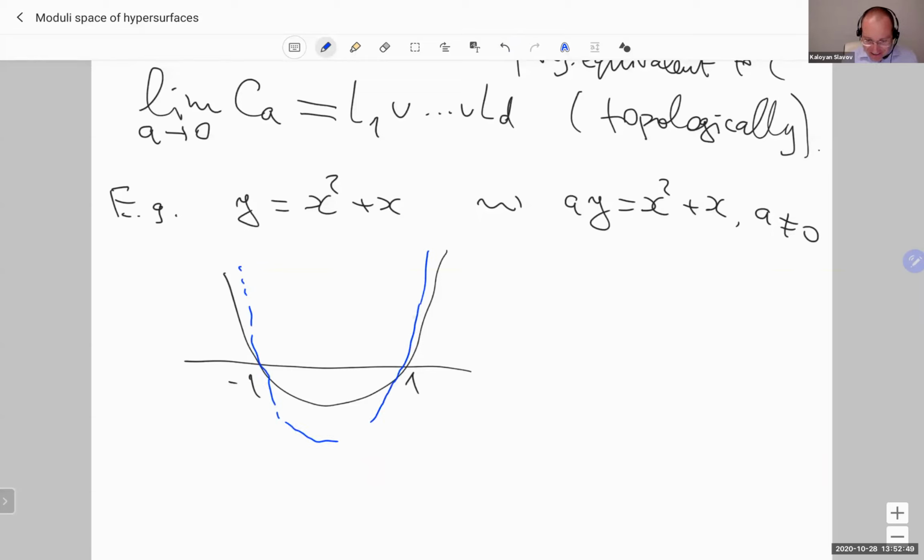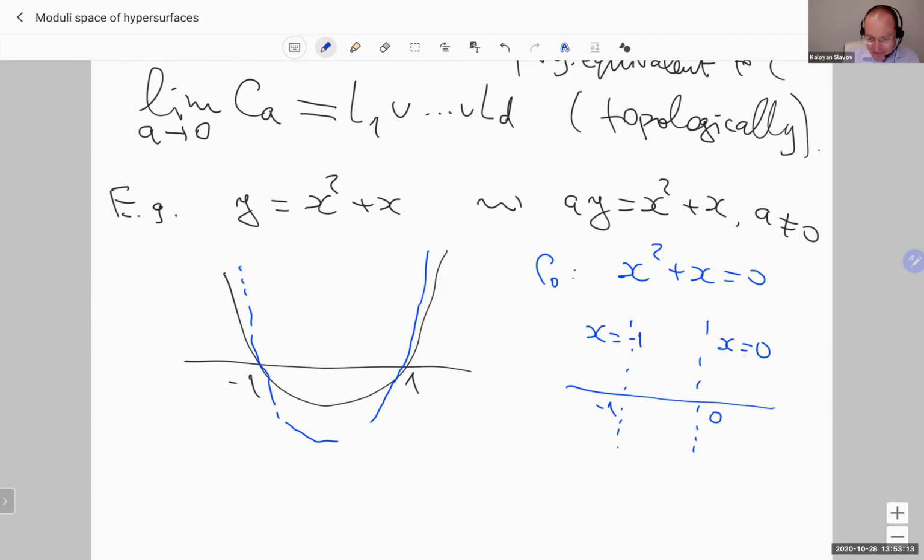And then I get a flat family of degree 2 curves, and C0 in this case will be x squared plus x equals 0. So the initial parabola degenerates to the union of two lines, x equals -1 and x equals 0, passing through the point at infinity. So you can degenerate the curve to a union of lines.